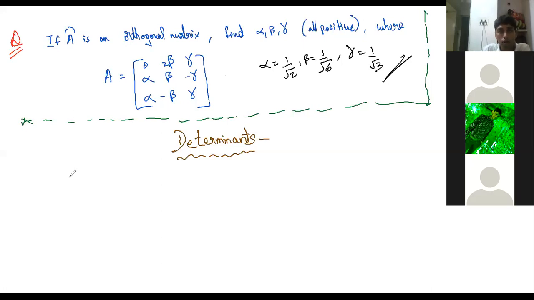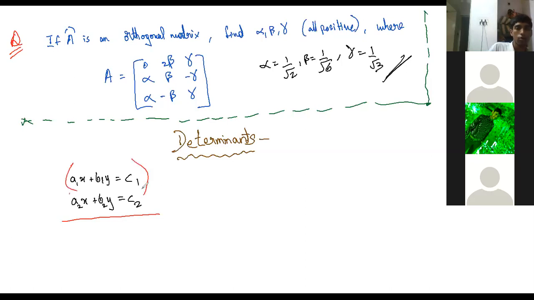In your school, you must have solved these equations: a1x plus b1y equal to c1, a2x plus b2y equal to c2. How do you solve this? Elimination. What do you do in elimination?